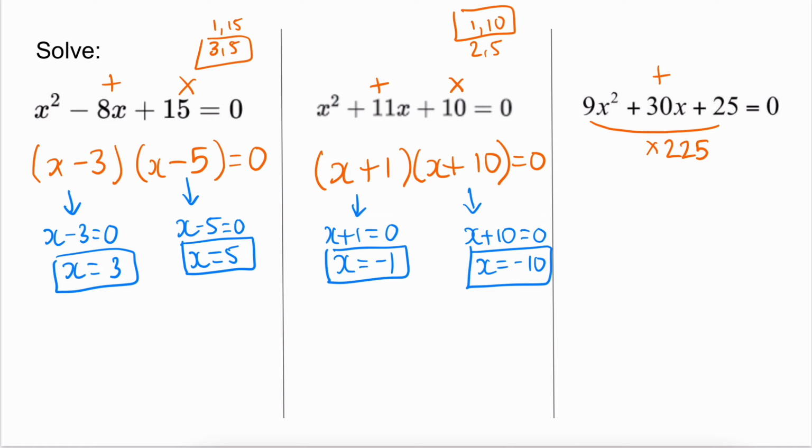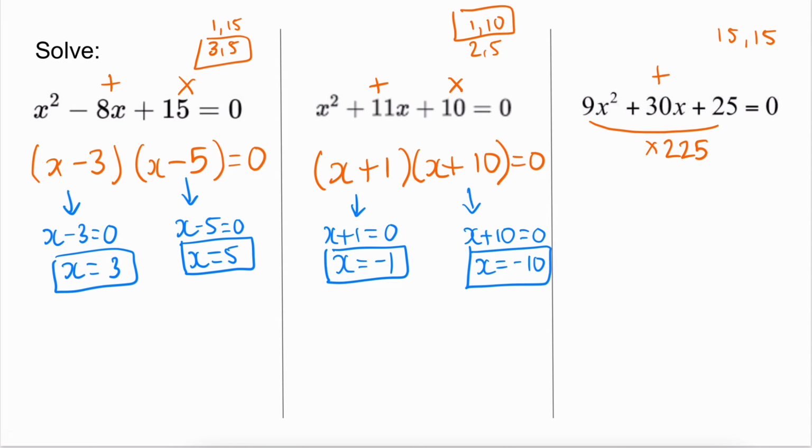Now that one's quite a tricky one, so you might want to use your calculator to help you find the factors. So you could divide it by 1, divide it by 2, divide it by 3, and so on, and find the factors of 225. Now, 225 is actually 15 times 15. And 15 times 15 adds to make 30. So in this situation, it's 15 and 15.